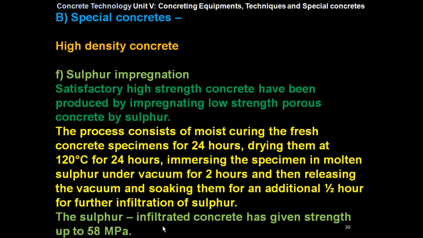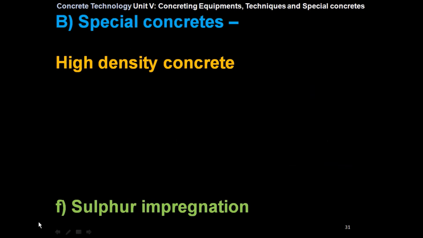The sulfur infiltrated concrete has given strength up to 58 megapascal. So we have seen the sixth, the sulfur impregnation.